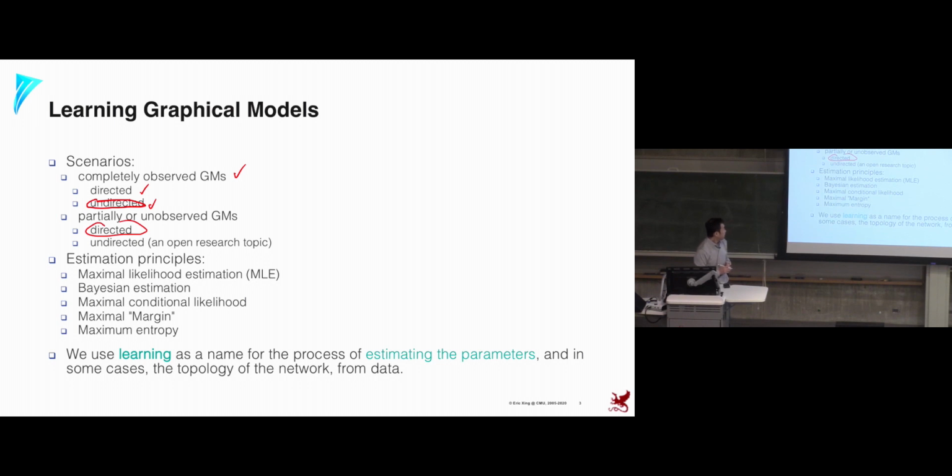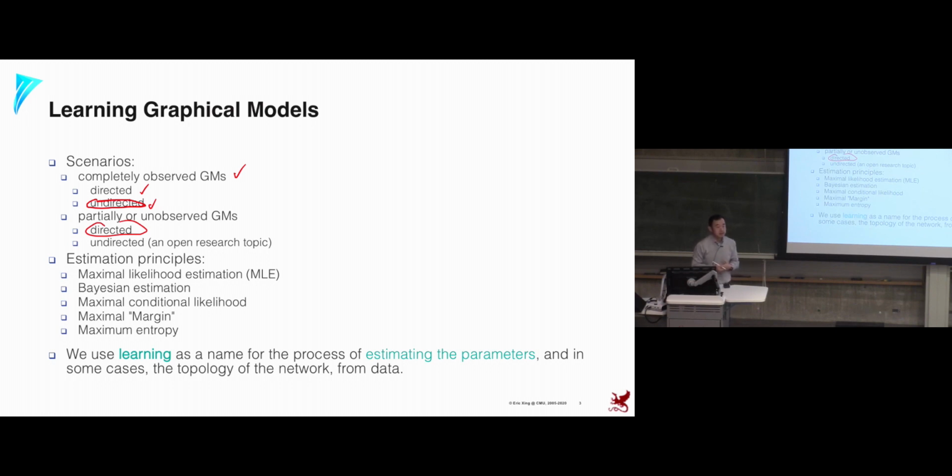Okay. And then learning could also be generalized into many different scenarios, or rather, different estimation principles. Typically, in the classical literature, when we talk about learning or parameter estimation, it really means maximum likelihood-based parameter estimation. You want to estimate the parameters to maximize the likelihood.